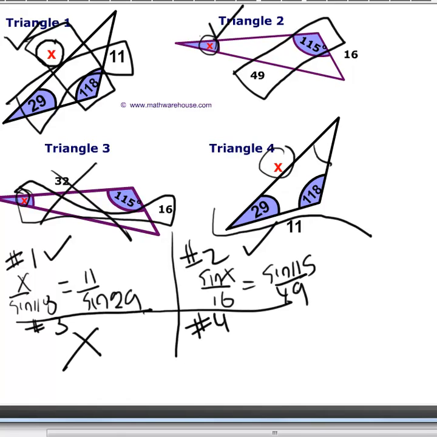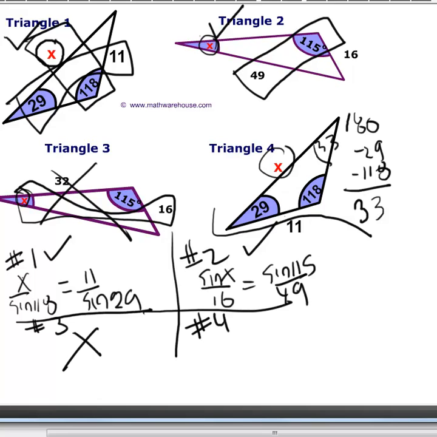If you remember, if we know two angles of a triangle, we can always get the third one. The third angle, of course, is going to be 180 degrees minus 29 minus 118, which will give you 33 degrees. So we can figure out that this is a 33-degree angle.